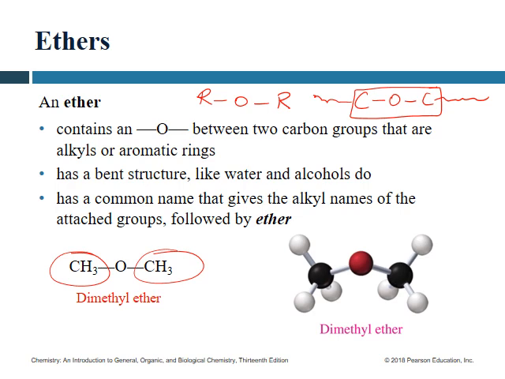What is this group on one side? This is methyl. What is the other group on the other side of oxygen? This is also methyl. So this will be called dimethyl ether. So you treat both sides of the oxygen as different alkyl groups and you name them separately, followed by the word ether.